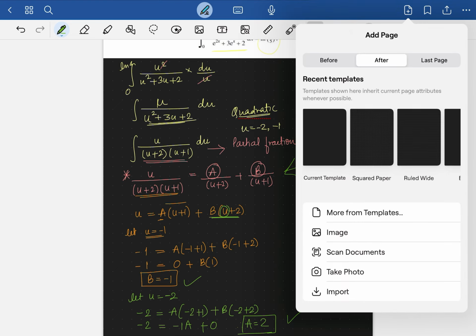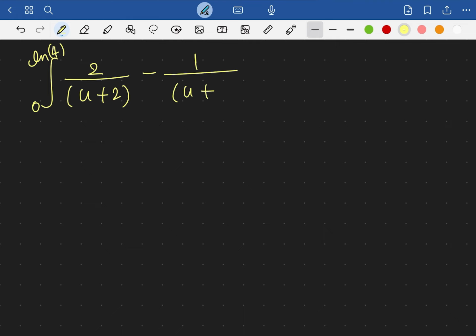I will just write the equation now. Integration from 0 to ln 4. The value of a was 2, so 2 over u plus 2. And the value of b was minus 1, so minus 1 over u plus 1 du.